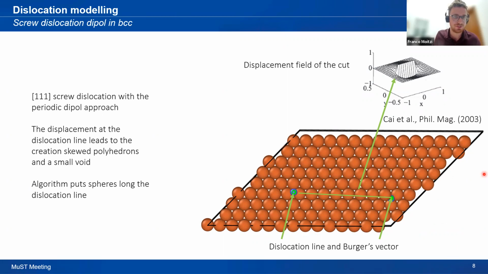Then one has to stick with a lower L cutoff. Effectively, this algorithm puts these spheres, or additional sites, along the dislocation line, and it just adds 2 additional sites to the 135 atoms in this structure. So it's also not a problem of performance.